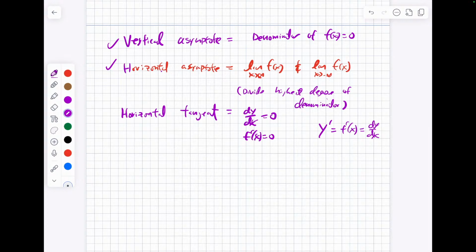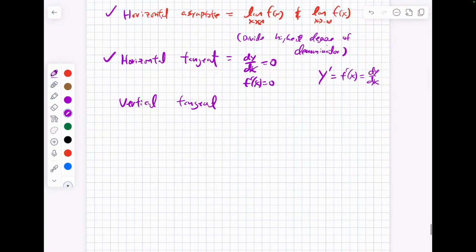Okay, so you can say y prime is equal to 0. Now, vertical tangent, which we're going to talk about later, but we'll give you right now, is when the denominator of f prime of x is equal to 0.